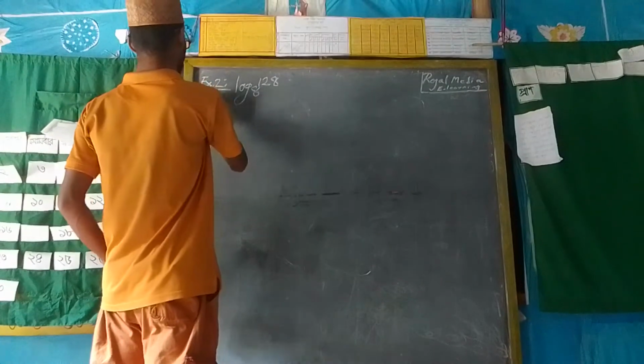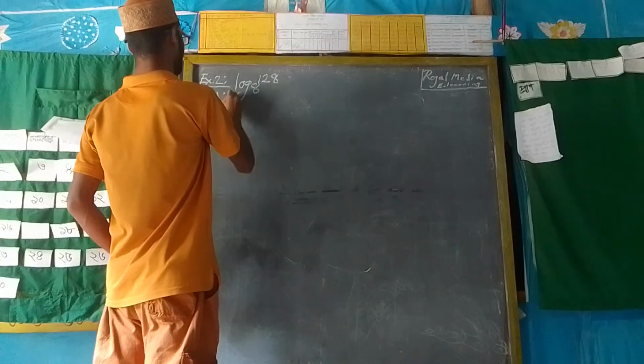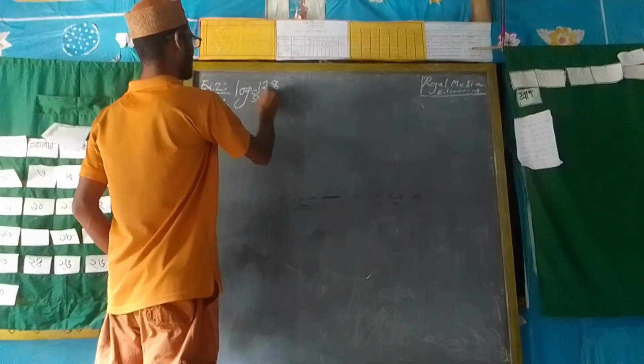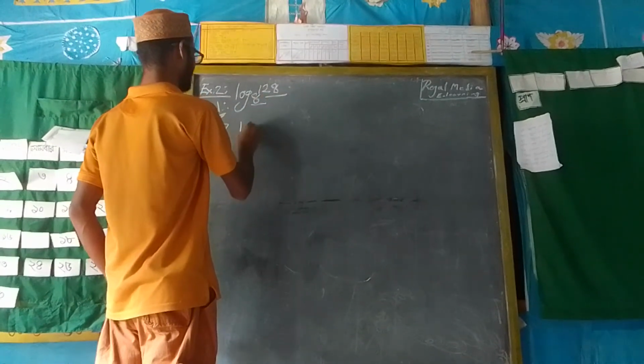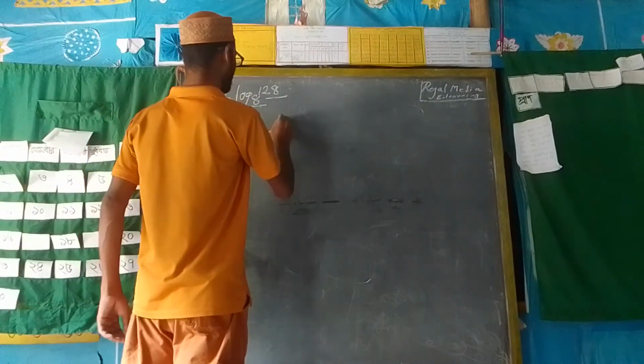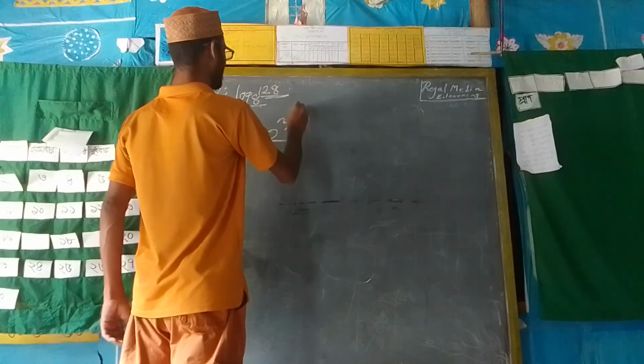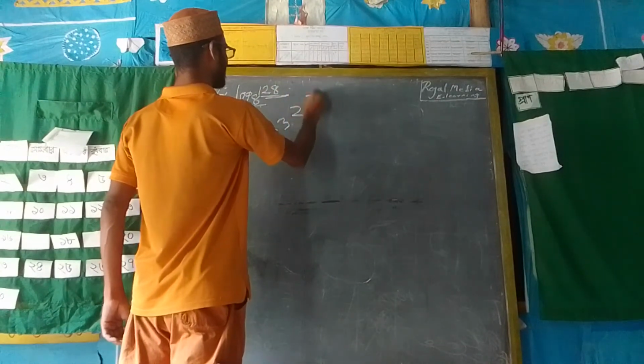So, example number 2. Before starting our solution, we may convert the whole numbers into powers. Log 8 we may write as 2 cube, and 128 we may write as 2 power 7.